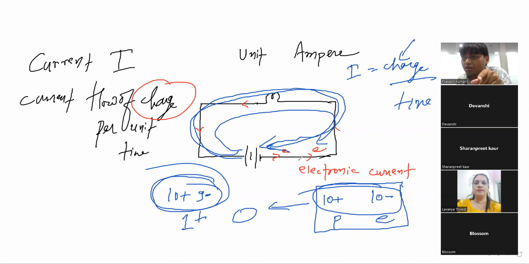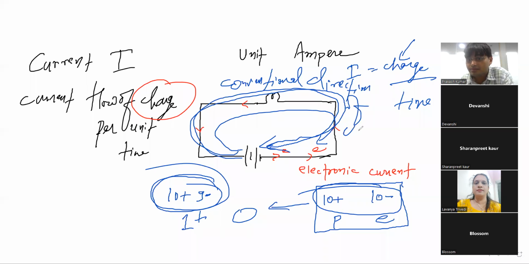And if it is losing electrons, it is said that positive is coming to this side. That's why you study that something going from the positive side to the negative side is called the conventional direction of current.